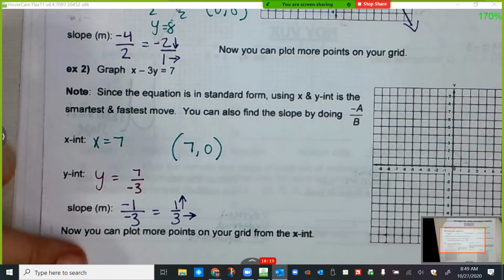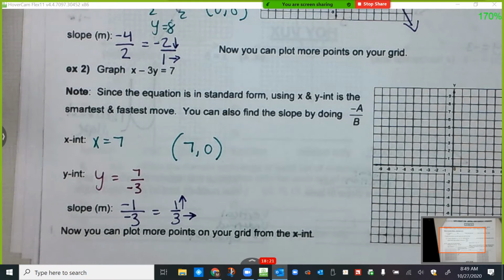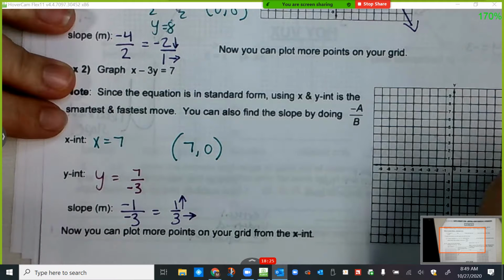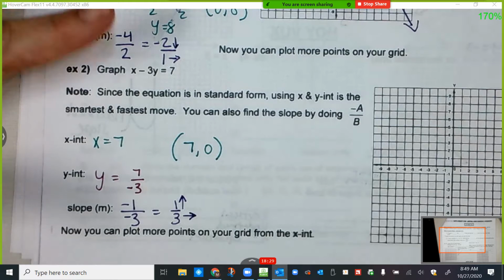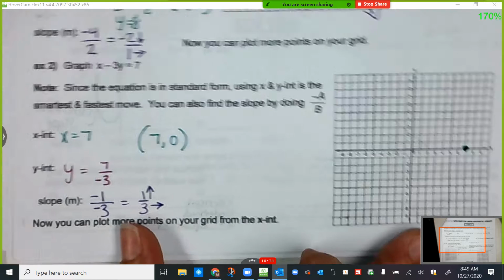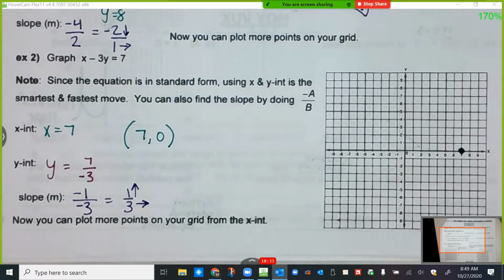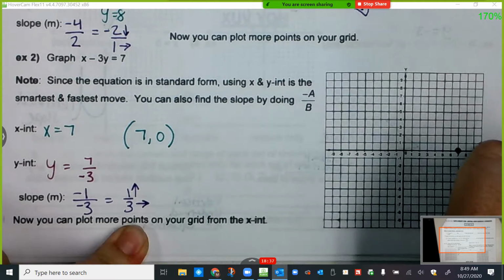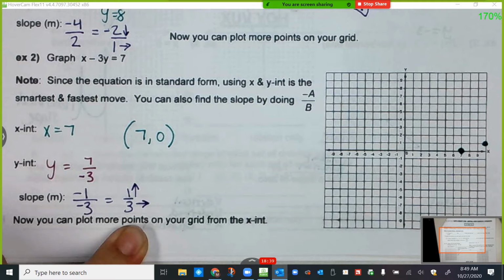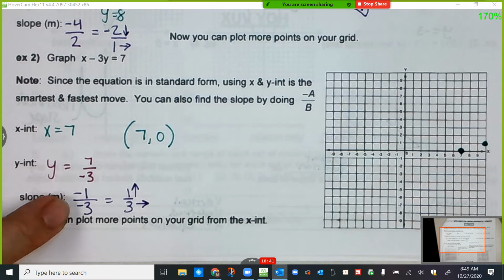What's the only point that was given that I can plot? My x-intercept or my y-intercept? X. Okay, I can't plot a fraction. I mean, you can, but it's not going to be accurate. Okay, and then we're going to do our slope, which is rise 1, run 3. Now, you'll notice I only was able to do it once. Well, what if I did negative 1 over negative 3? It's still positive, right?